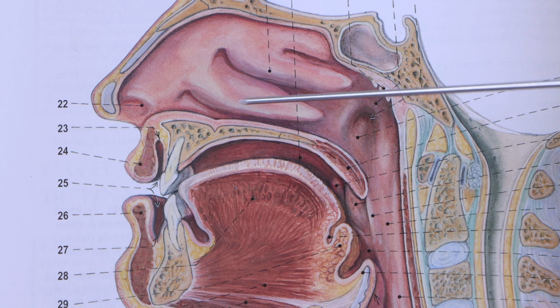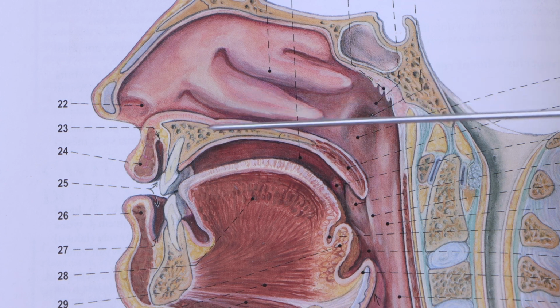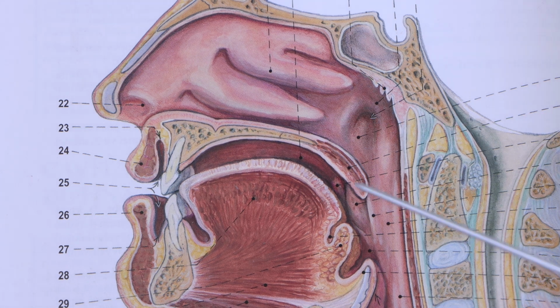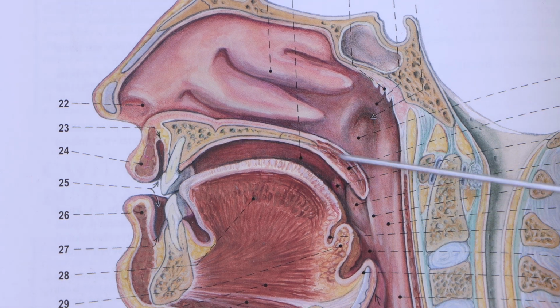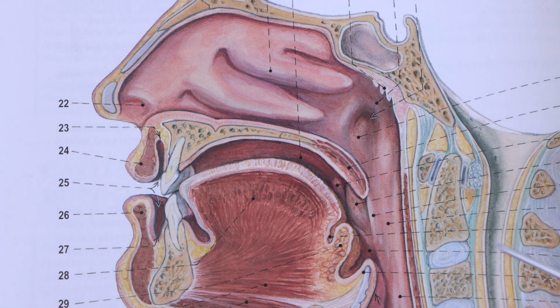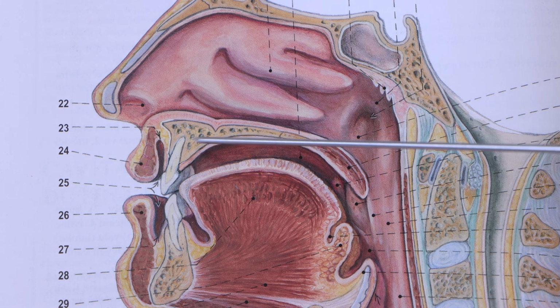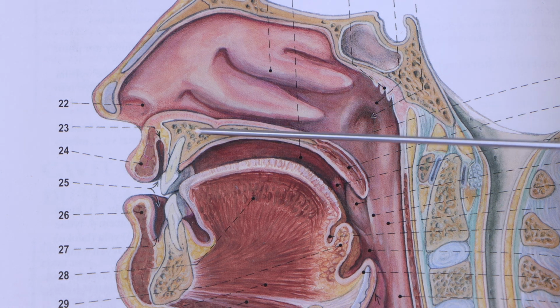Regarding the upper border of the oral cavity, which is formed by the palate, we divide it into the hard palate and soft palate. For the hard palate, we already mentioned in the skull section the bones that make it up.